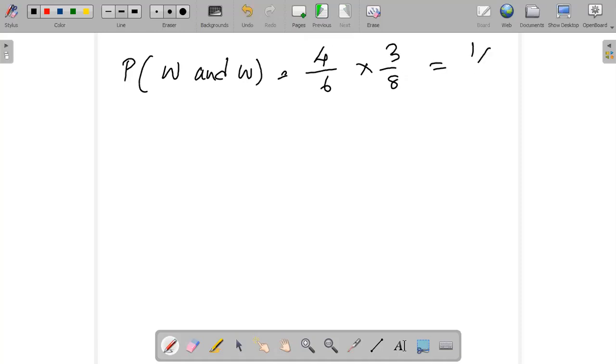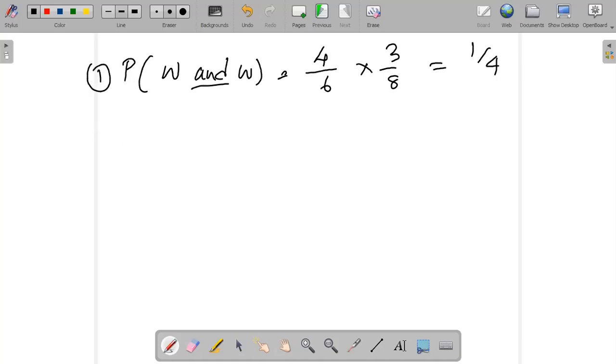So what did we apply here? Product theorem. This is 'and'. So that's it.